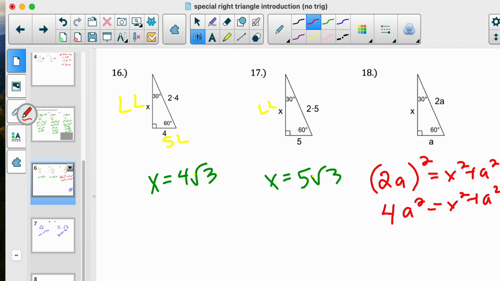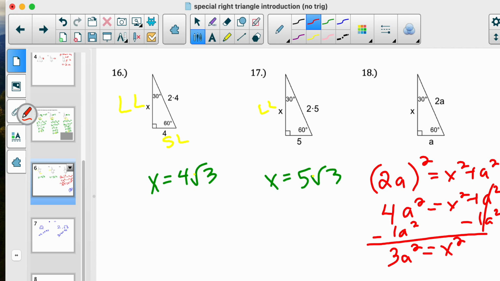We're trying to solve for x, right? So this is a 1a squared that we can subtract over. Go ahead and add this work to your paper if you didn't do this. Four minus one, they're like terms. 4a squared minus 1a squared, we can subtract them. We're getting 3a squared equals x squared.